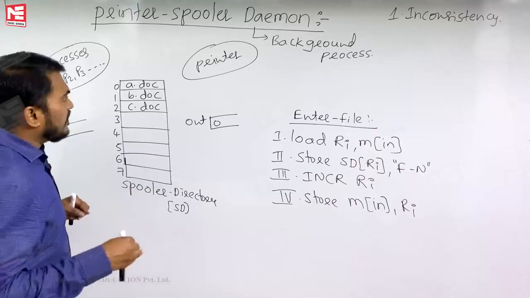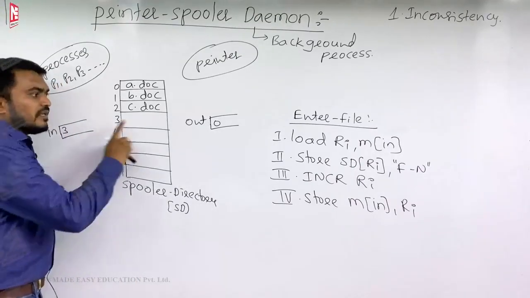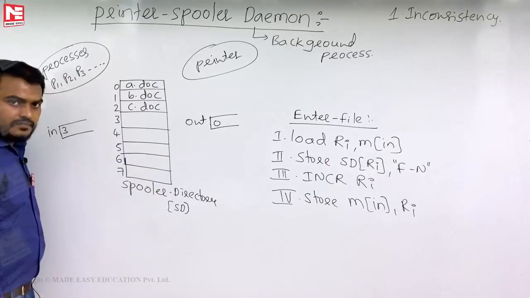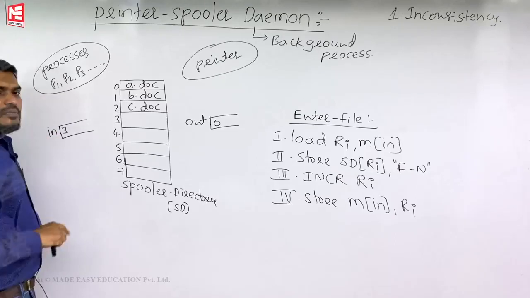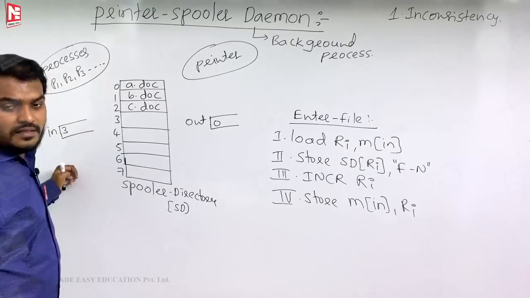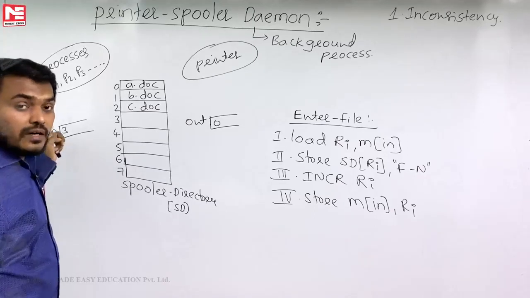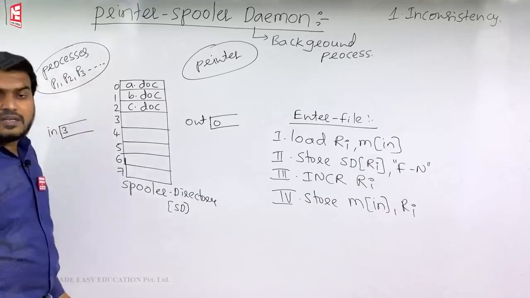Next, what are these variables? Understand carefully. You have the in variable and the out variable. What is the meaning of in and out? Listen here. In is a variable used by all the processes to identify the next empty slot in the spooler directory.